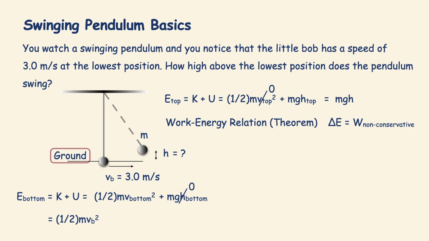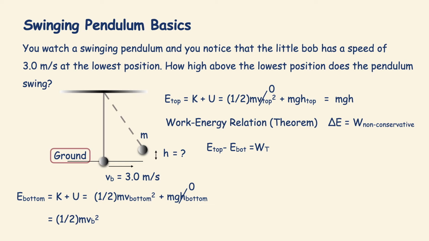Remember, the non-conservative forces were, simply speaking, all the forces except for gravity and the elastic force of a spring, at least in mechanics. So this work-energy relation will give us that the difference between the mechanical energy at the top location and the bottom location has to be equal to the work done by the tension in the rope here, because that is the force that is neither gravity nor the elastic force of a spring, but it's present and applied to the bob.